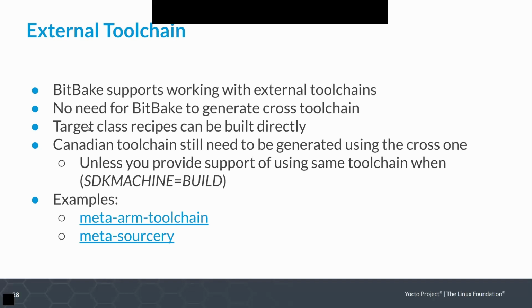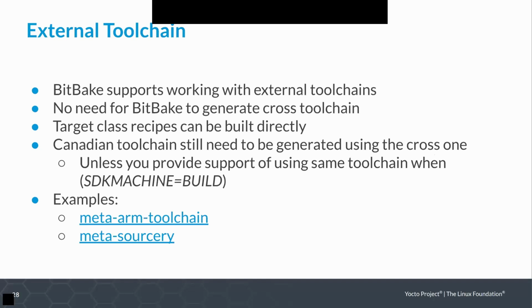We can directly use our external toolchain to cross compile our target packages. But Canadian toolchains still need to be generated using the cross one, because we just provided the first part, which is the cross toolchain.